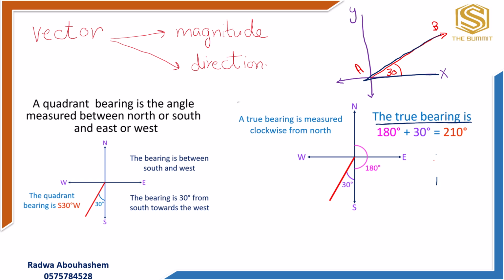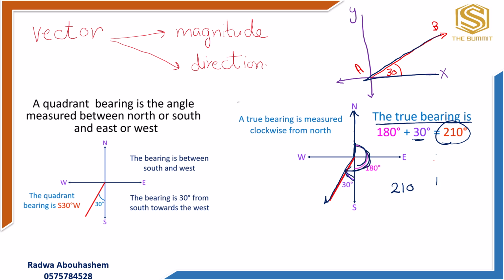So here is the north direction, and here is the vector. The angle between them is, this is 180 and 30, so 180 plus 30 is 210. So it would be here 210. All the time, wherever you measure the true bearing, you measure it clockwise.